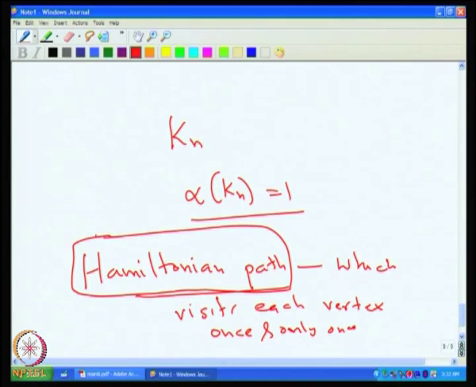Hamiltonian path means the path will move from vertex to vertex and every vertex will come exactly once. The Hamiltonian cycle is the same way: a cycle which goes through all the vertices, but exactly once. This will be a Hamiltonian cycle.